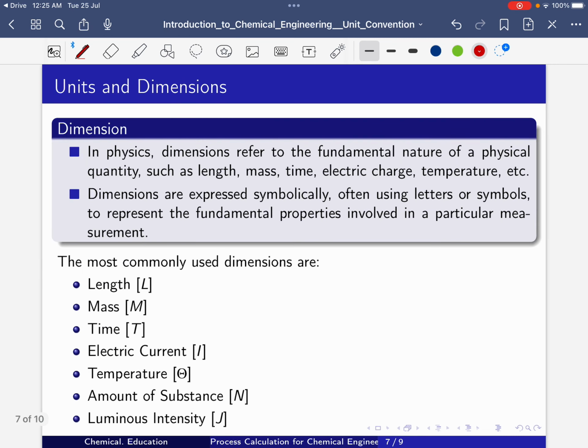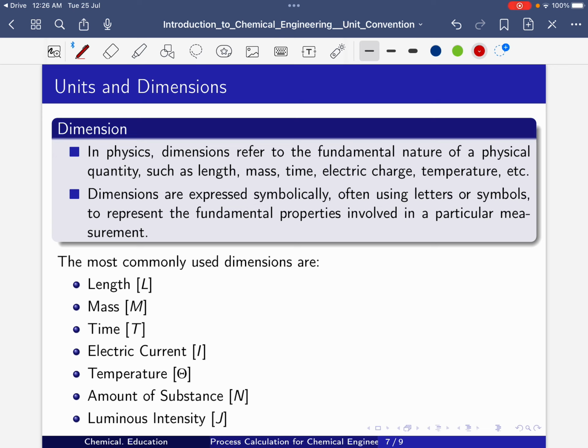So now, what is dimension? Now we have understood units, which is very important. You must understand what a unit is, what the primary units are, and what the secondary units are. The most important part is that you must know what a unit is and what the primary units are. We have to remember them by heart, then units and dimensions will not be very difficult.